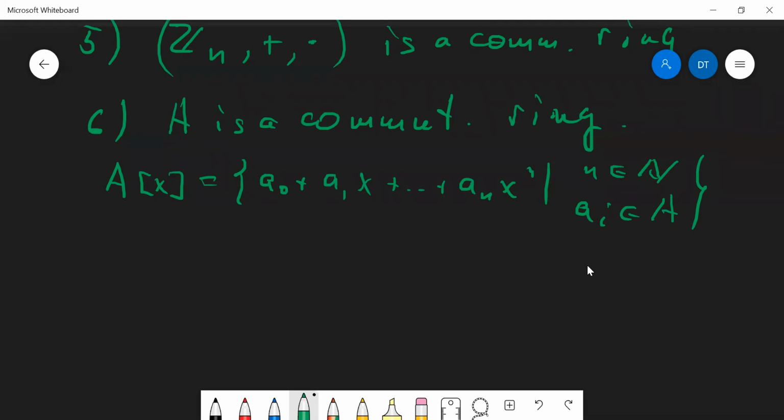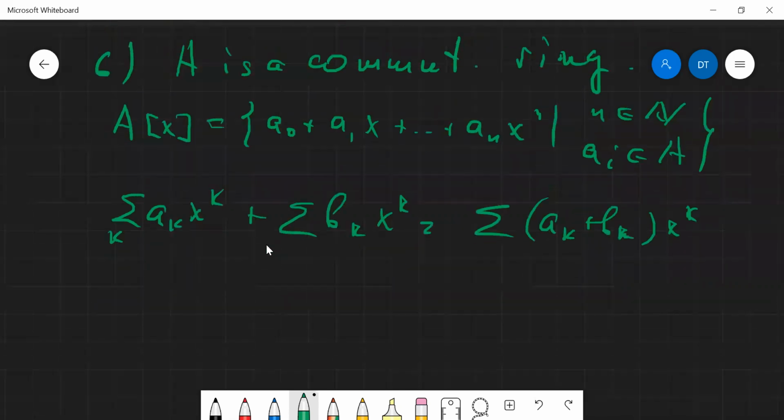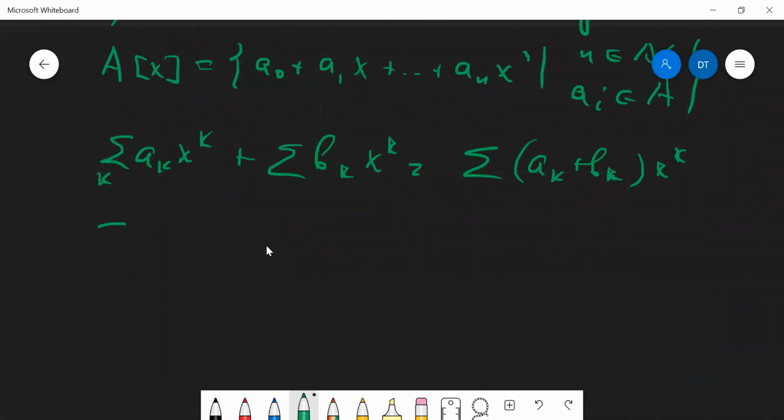But just in case, let me give the definition of the operations. If you have two polynomials like this one, let's say of degree k, and another polynomial, the addition is given by the usual formula, like this. And multiplication is given like this. I don't want to write the indices, it's simpler without them.